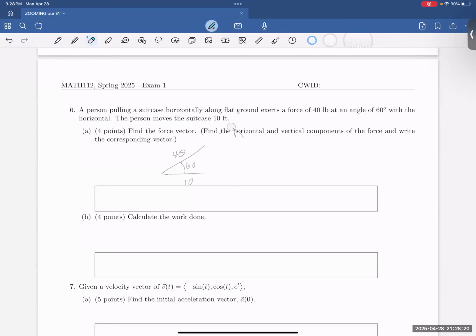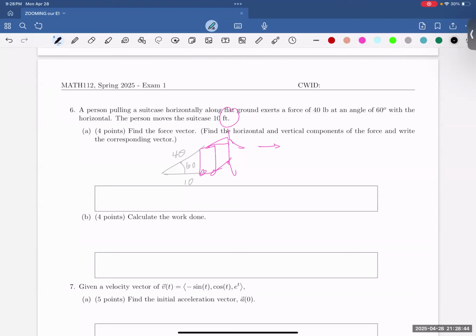Here you are, let's make you hot pink, and you're walking this way. Here's your suitcase with the rollers.